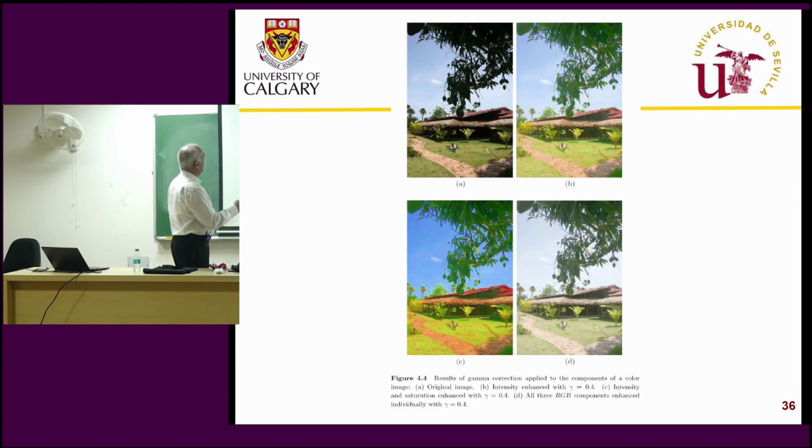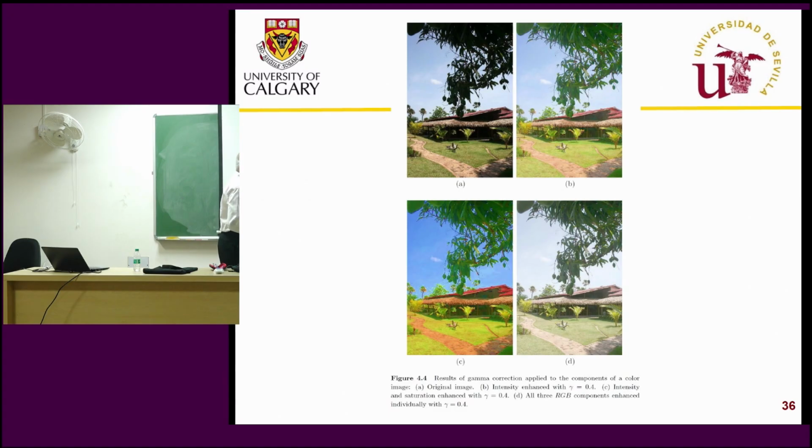So we want to enhance the color here and perhaps the contrast. And gamma correction applied to intensity only with gamma equal to 0.4. This is enough. You can see the mangoes, it's just intensity correction. Oh, you can see the green here. The rest of the color, they are natural colors. I didn't touch color. Okay.